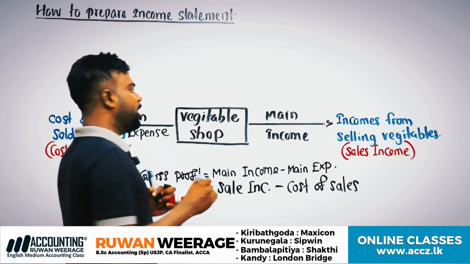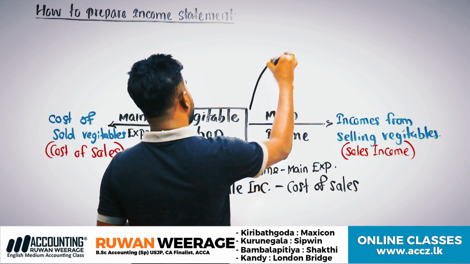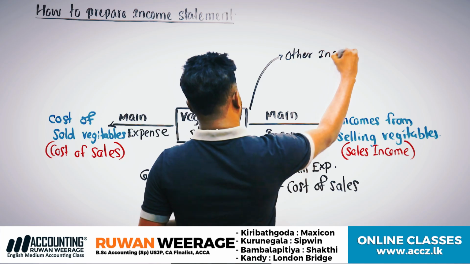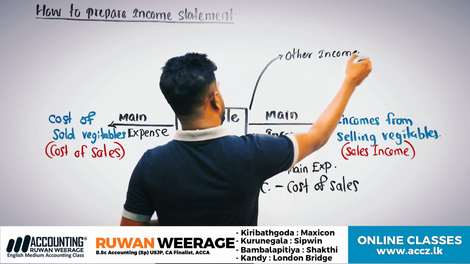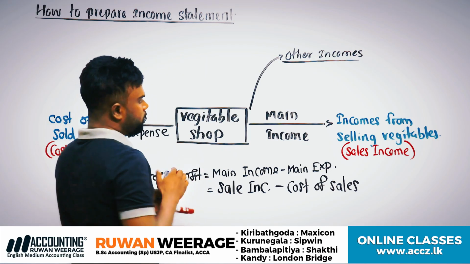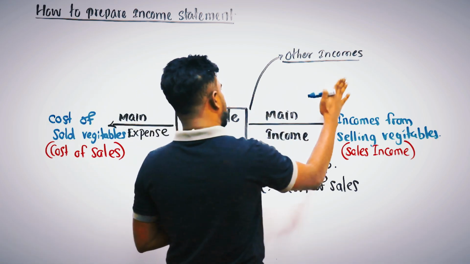In addition to main income, you can identify there can be other income sources, other incomes. Let's think as an example, a vegetable shop. Is there any other income?